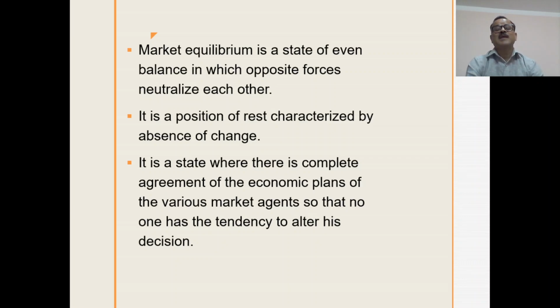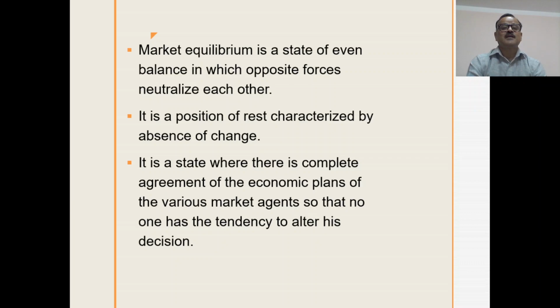Market equilibrium is a state of even balance in which opposite forces neutralize each other. So that is the balancing position of forces that determine the demand and forces that determine the supply. If all the forces meet at a point, neutralizing point, that is called equilibrium. It is a position of rest characterized by absence of change, no changes, no push, no pull, no tug of war.